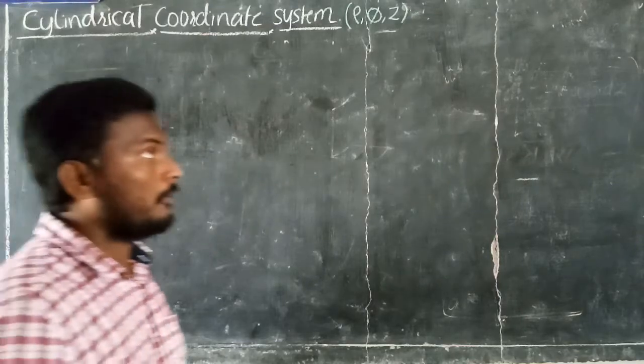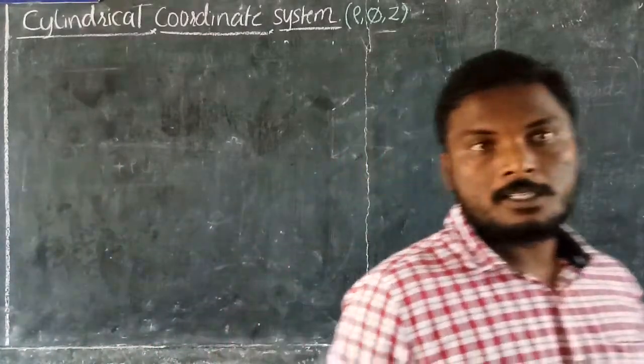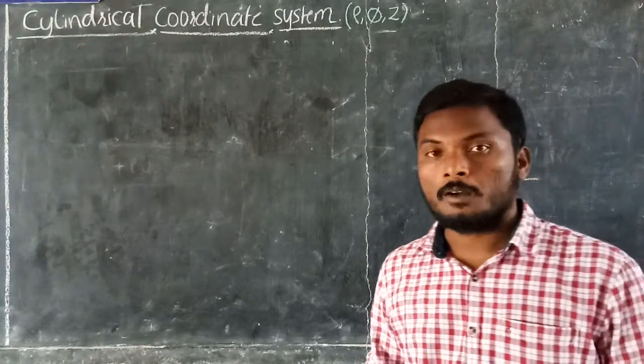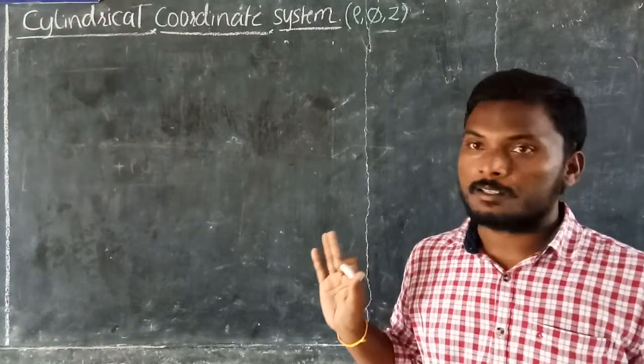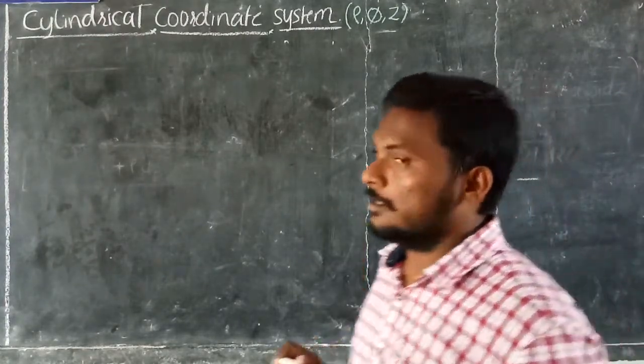So up to now we have completed the Cartesian coordinate system and cylindrical coordinate system. Now we will see the relation between Cartesian coordinate system and cylindrical coordinate system.